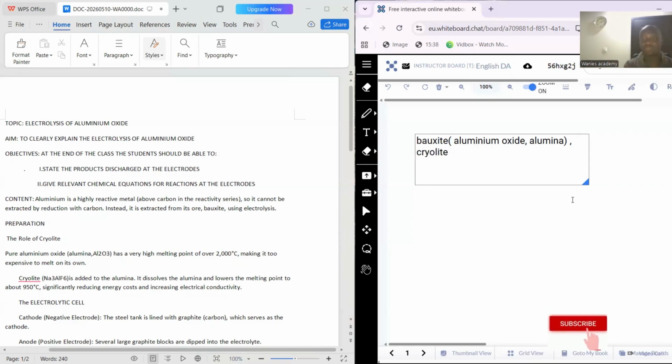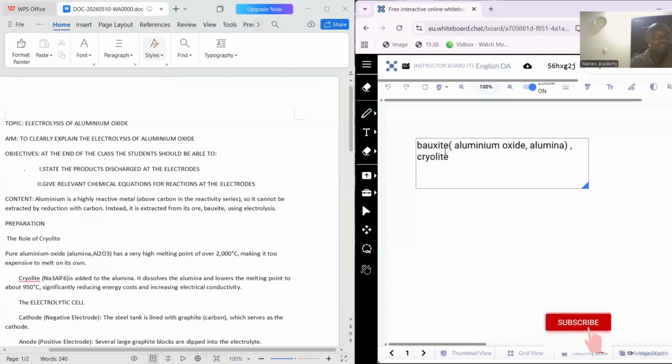The cryolite will basically dissolve the aluminium oxide, and as a result, it lowers the melting point to about 950 degrees Celsius.